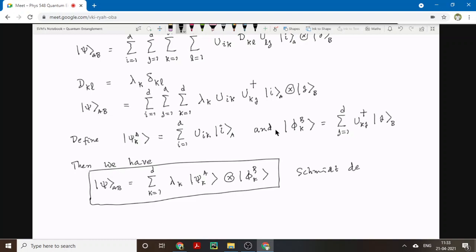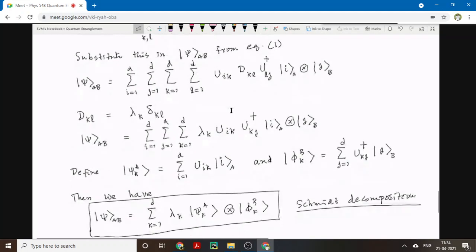So initially, I said that it exists, but now I have told you how to find it. Okay. Now here these lambda k are real.